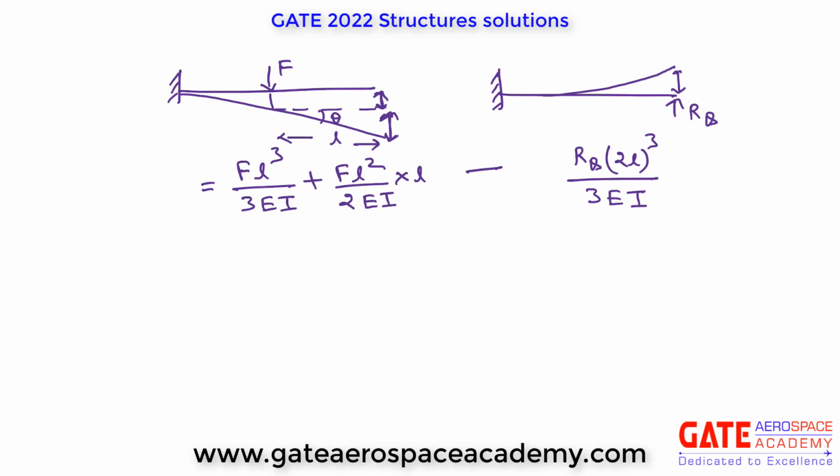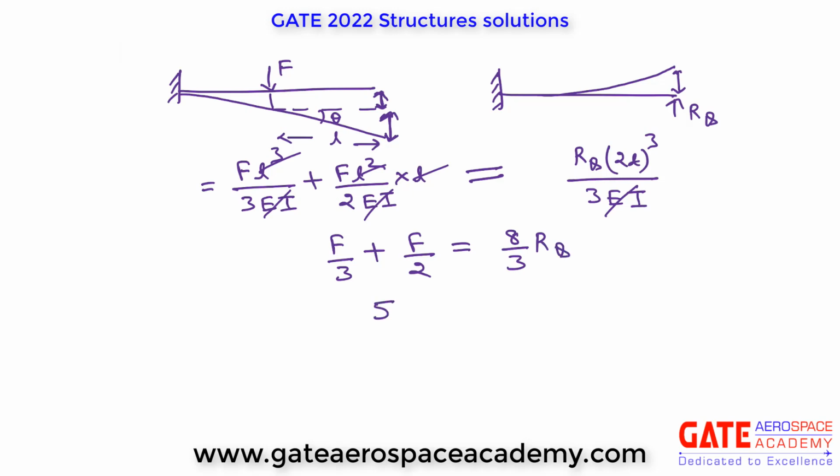Right, both will be equal. So EI cancel out, L cube also we can cancel out, so it will be F by 3 plus F by 2 is equal to 8 by 3 RQ.